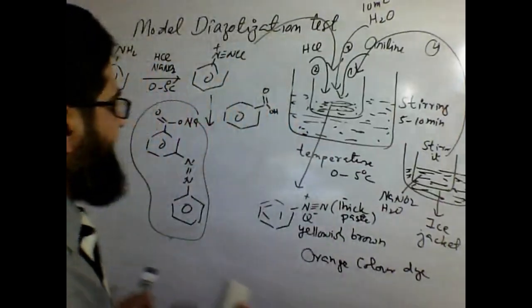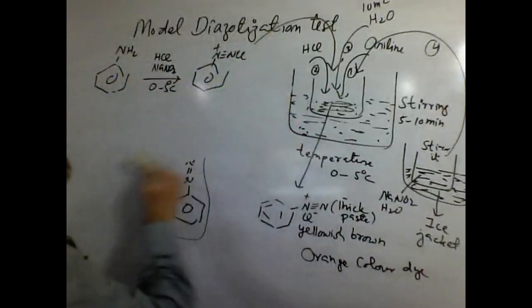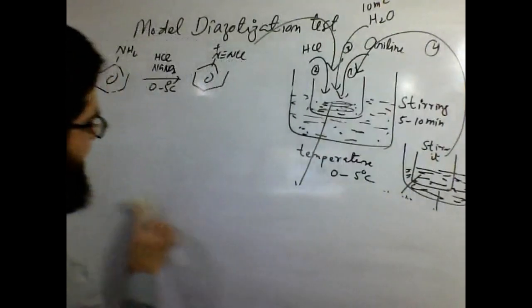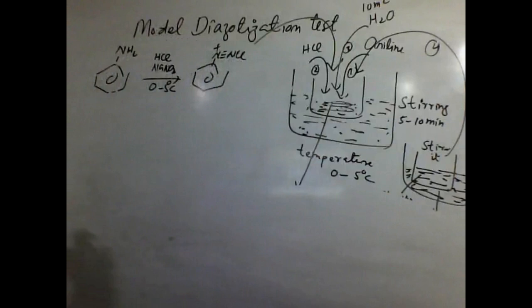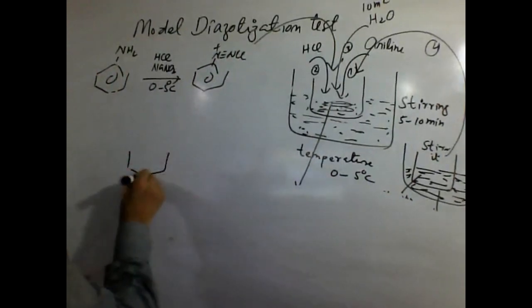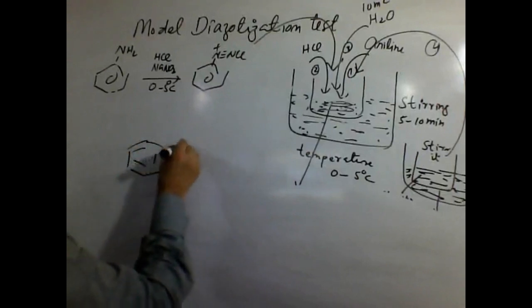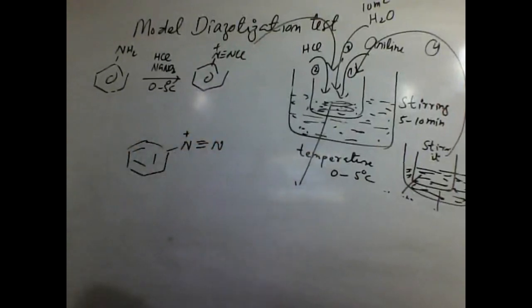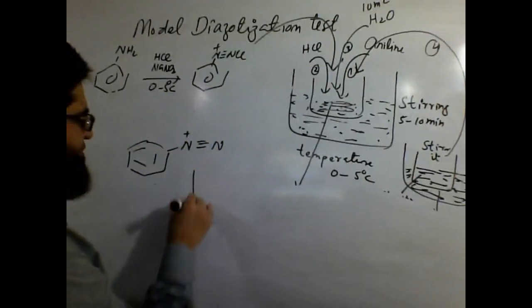Why does it happen so? I can give you just an example. I will explain this thoroughly in a separate lecture. Let's say we have a diazonium salt, then nitrogen has a positive charge.